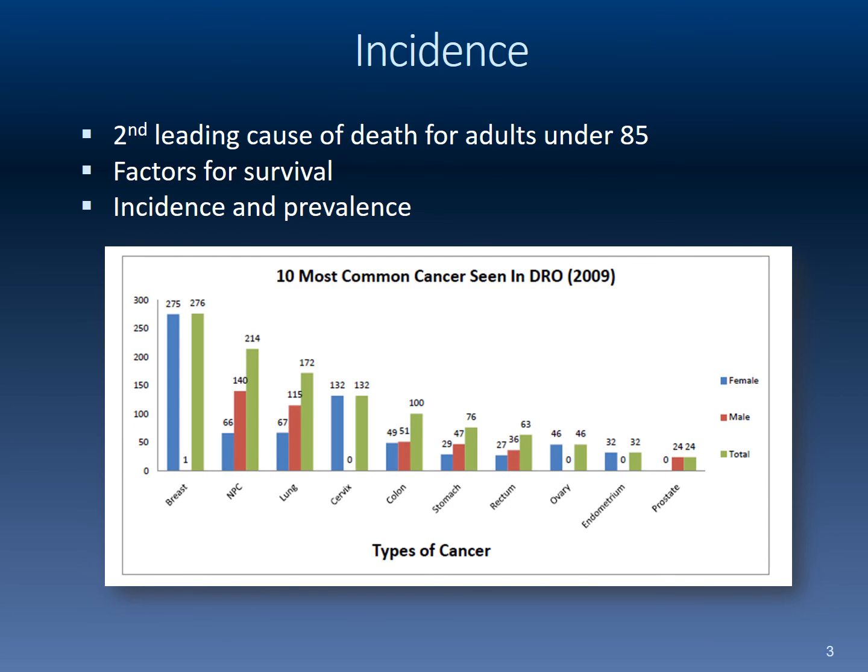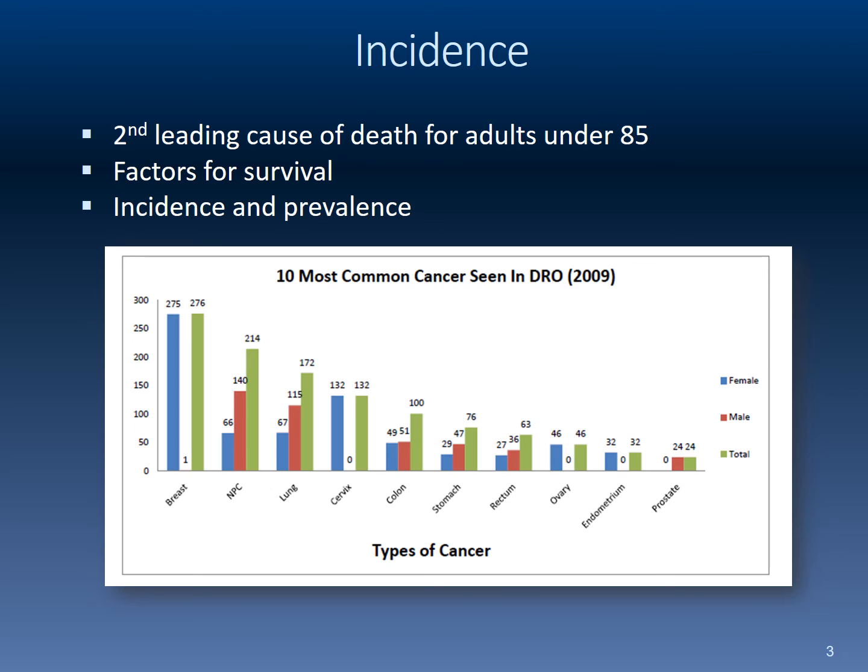Let it be known that cancer is the second leading cause of death in adults under the age of 85. So factors of survival are very important. This little chart will bring up the different incidences and prevalence of 10 different types of cancer. Back in 2009, this was taken. Breast cancer being the number one cause of death, and prostate being the least.